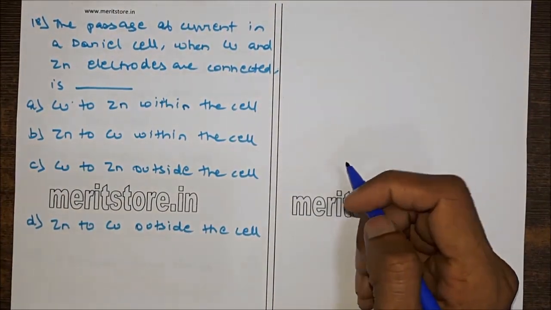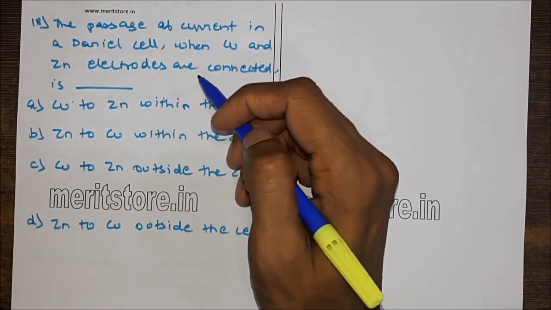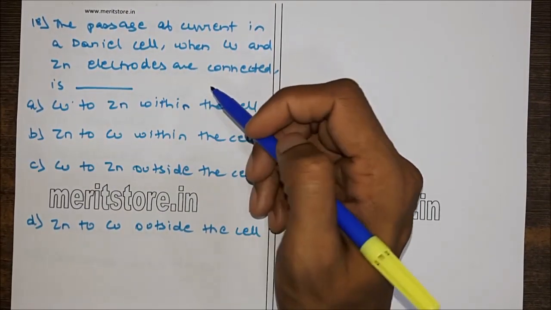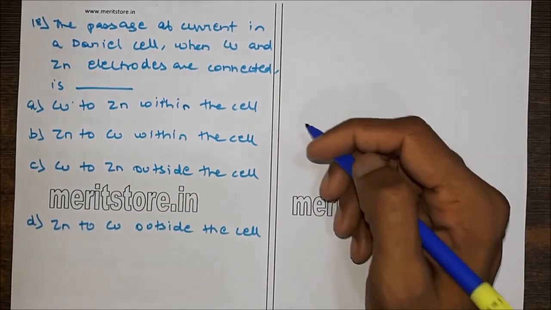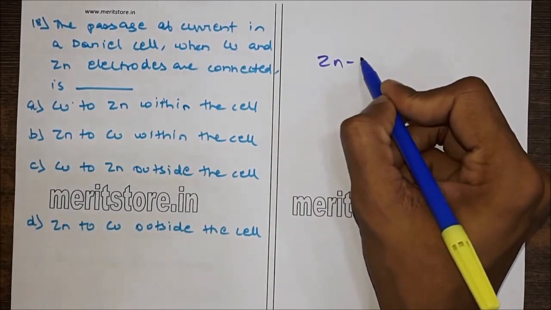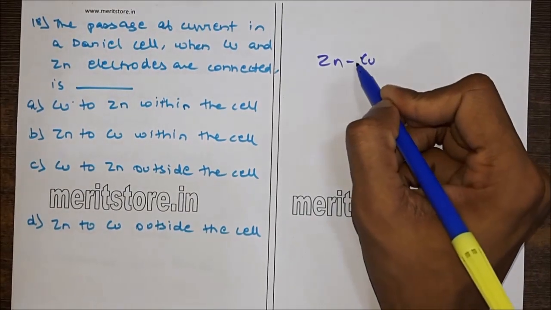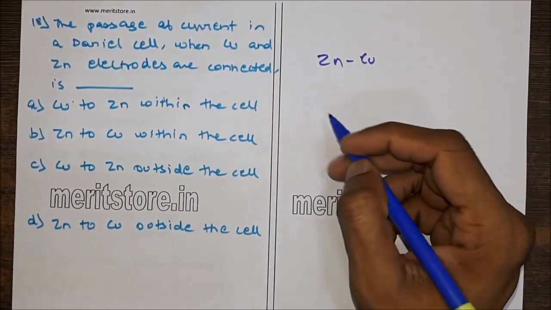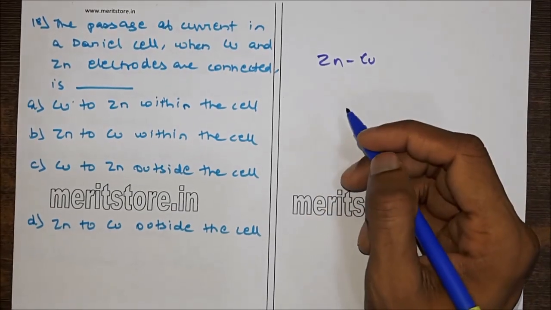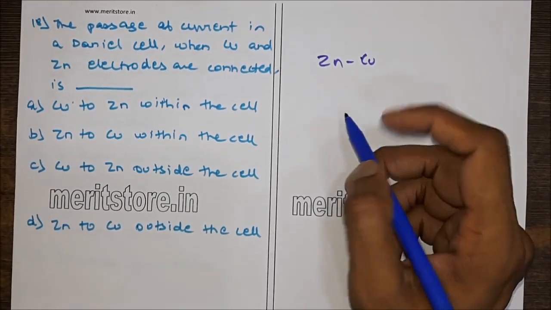Question 18. The passage of current in a Daniell cell when copper and zinc electrodes are connected is, we're given 4 options. In a Daniell cell, electrons flow from zinc to copper through an external circuit. Hence the current, which is in the reverse direction of electrons, passes from copper to zinc.